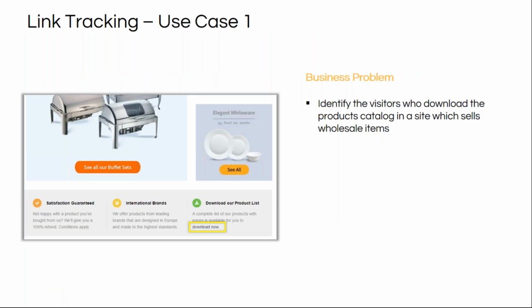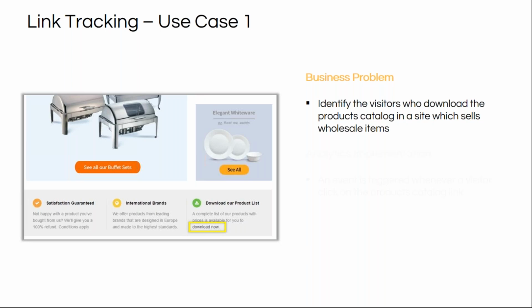Let's take an example of how link tracking can be useful in your business. This particular client sells wholesale items online, so the sales cycle is a little bit long. Normally the purchase happens offline, and on the site there is a product catalog available.